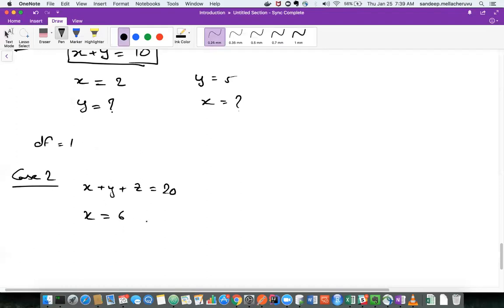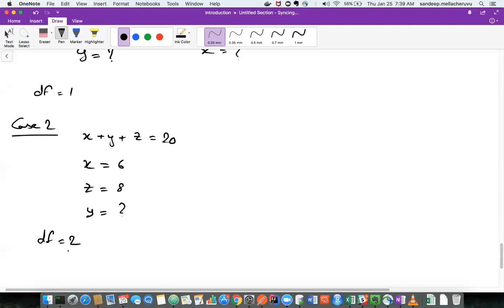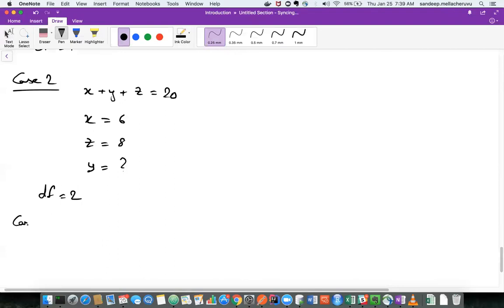Can you choose some other, maybe z? 8. Now can you choose y? No, it is fixed. Again, what is the degrees of freedom? 2. Yes.